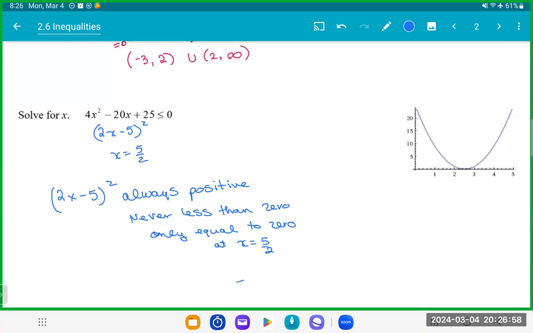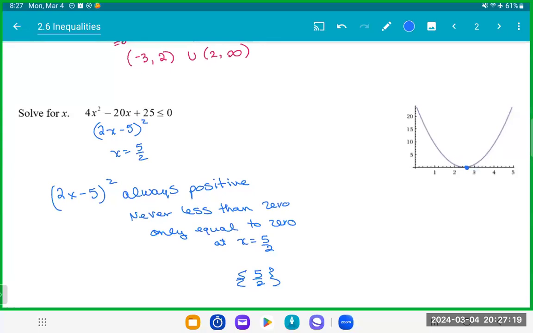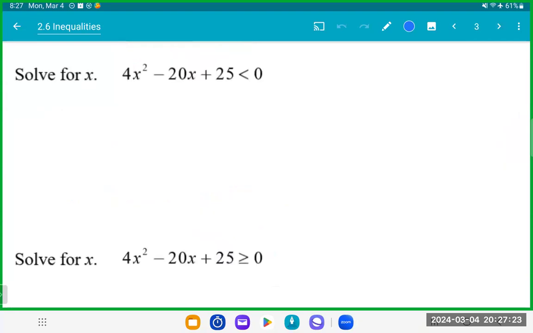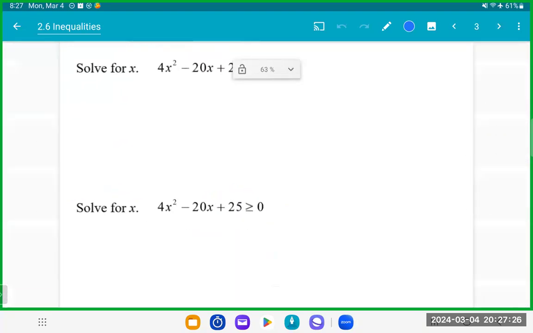And that occurs at x equal 5/2. Okay? So this one would only have a solution of 5/2, which is right here, where it meets the inequality. And you see there's nothing below the x-axis because there's no value that makes that less than. Okay? Question. You can see these are the same equation, but we're just changing what we see here in the equality.